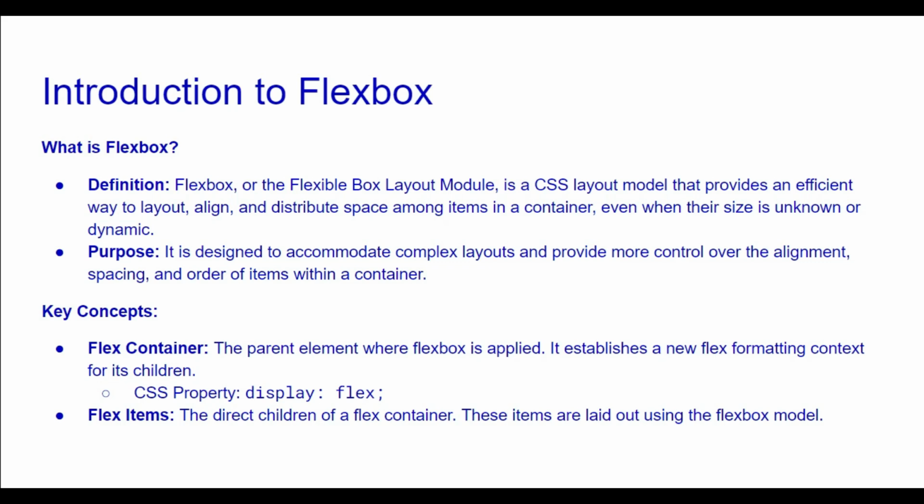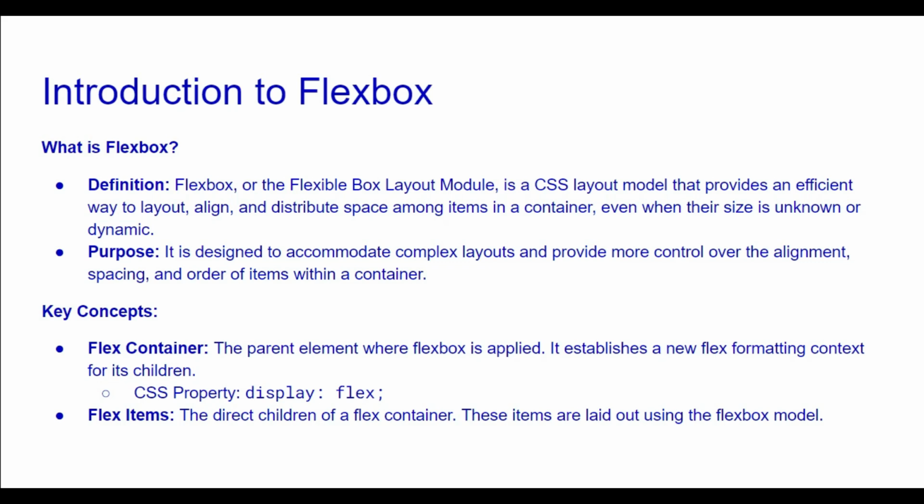It's designed to accommodate complex layout and provide more control over the alignment, spacing, and order of items within a container. So the key concepts in flex: the flex container itself, that is the parent element where flexbox is applied. It establishes a new flex formatting context for its children. The CSS property to do this is display of flex.